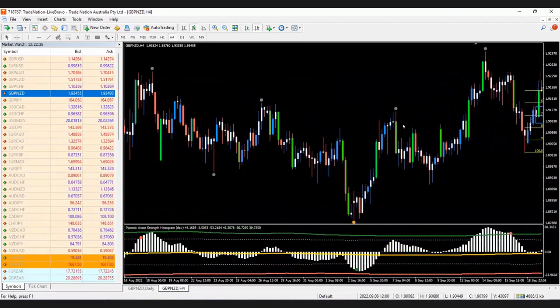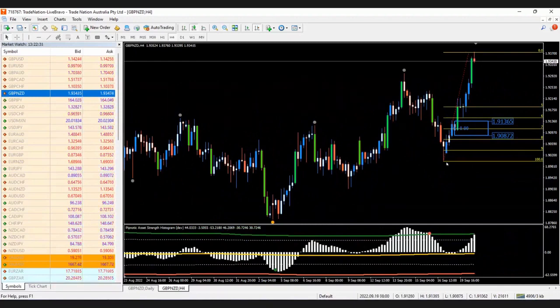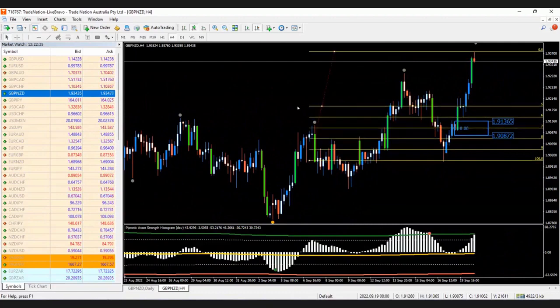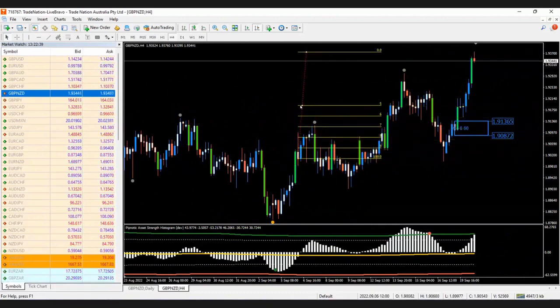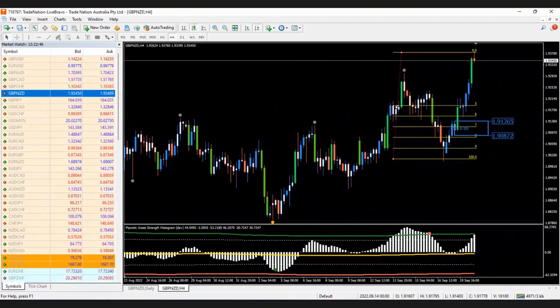here, here, and here. Going back to the boxing thing, you could use fibs. You don't even have to use the boxing, but the boxing thing was a really nice way to visualize where these price zones are located. It also forces you to stay out of the market when price is doing something like this.